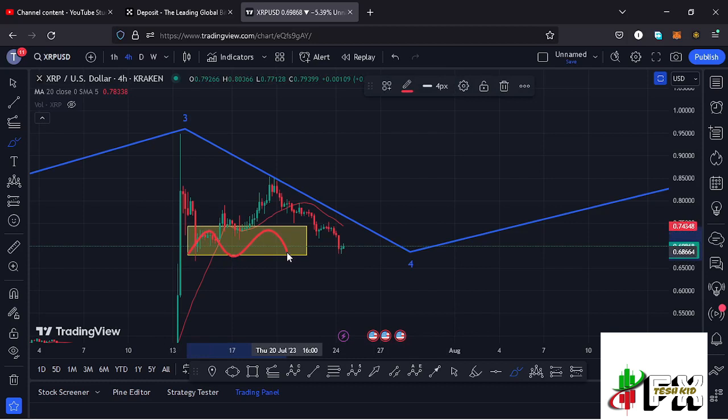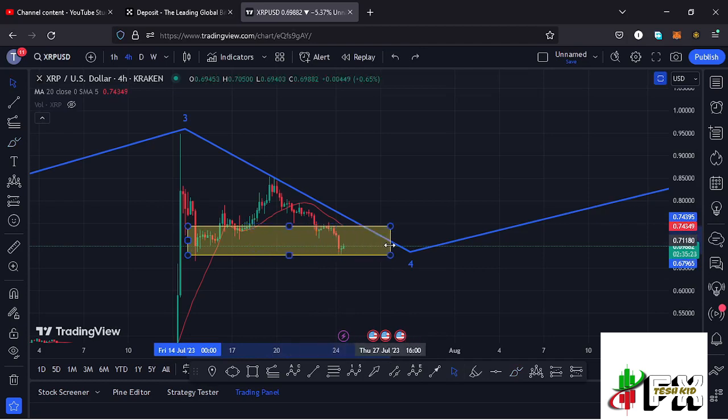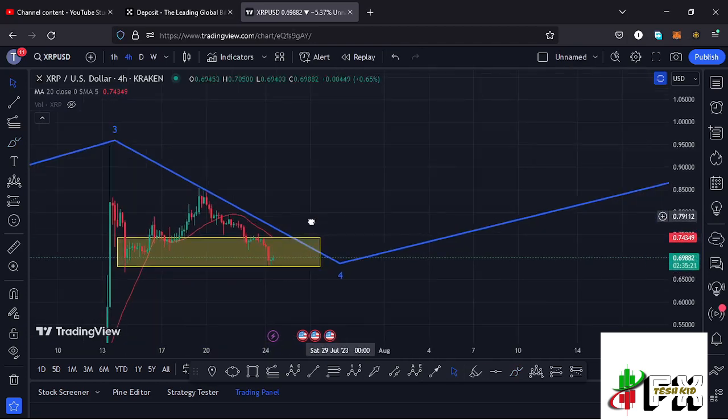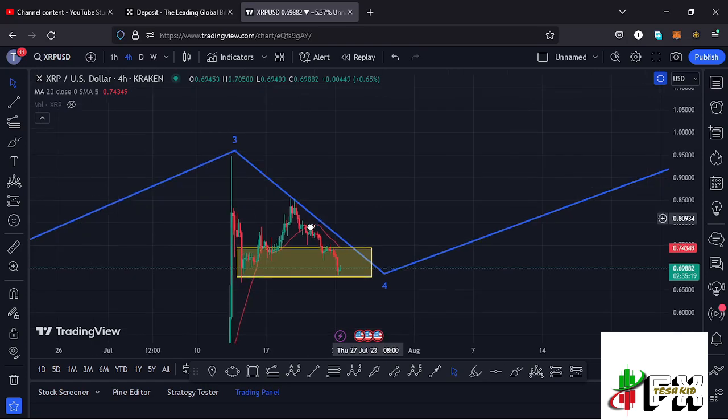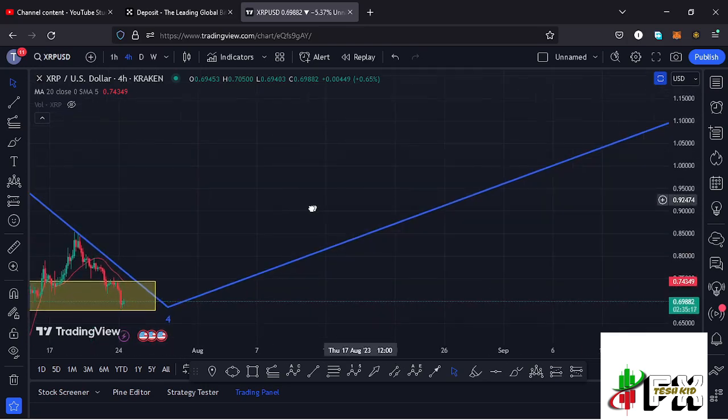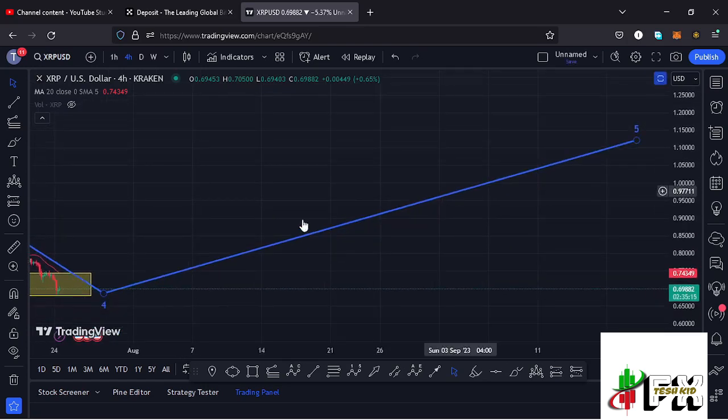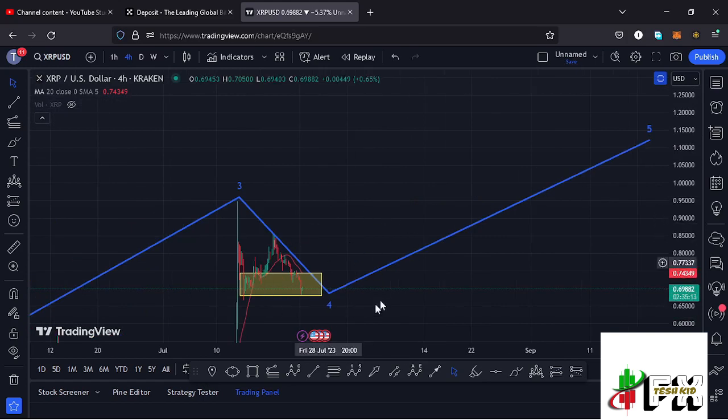There are high chances that we now have a low in place for the wave 4, and soon we can start gearing up impulsively in the formation of that wave 5, which is what we expect after seeing a breakdown move in the formation of this wave 4.